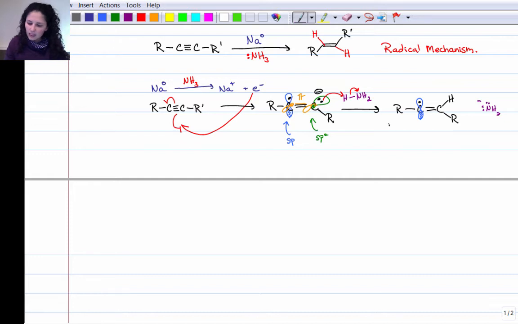This radical can actually go back and forth between the top face and the bottom face of this p orbital. So you can think of this as a species where the radical is on the top of this p orbital, and it goes back and forth, or it can fluctuate down to the bottom as well.